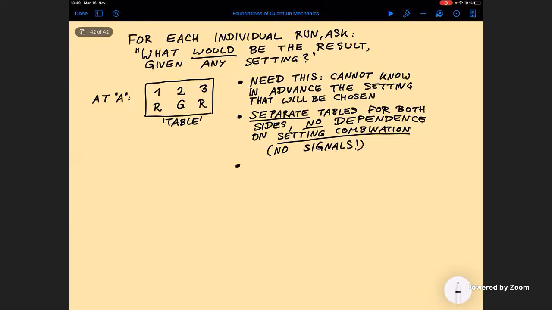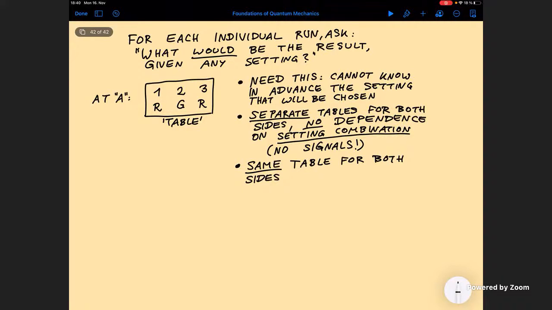On the other hand, I said a similar table should be set up for the object that is flying towards station B. And I now claim that actually it has to be exactly the same table. And again, we can explain this. This is now a direct consequence of observation 1 that we started with.